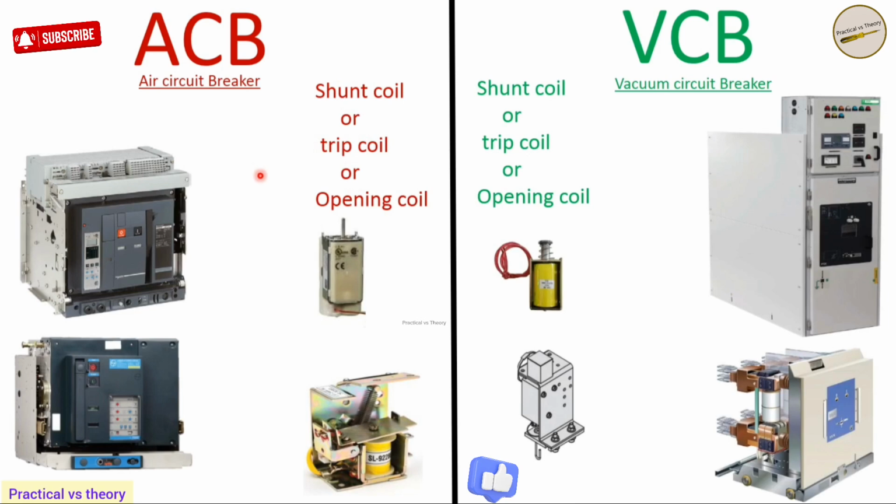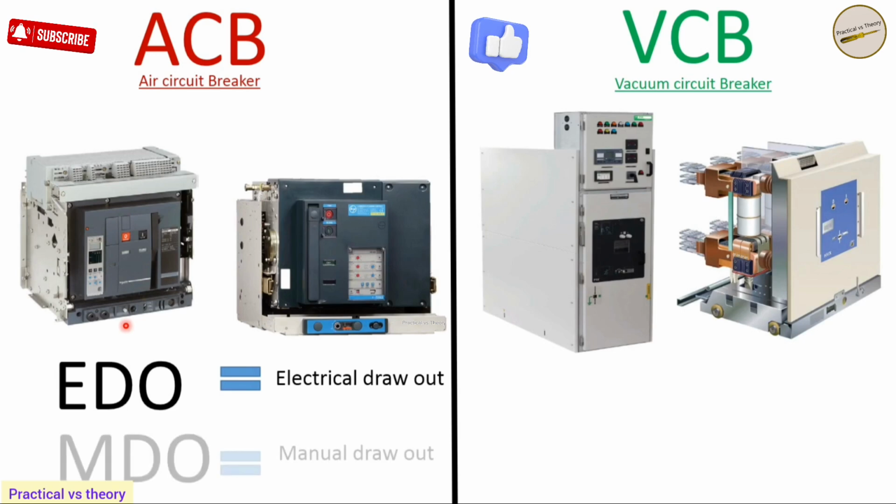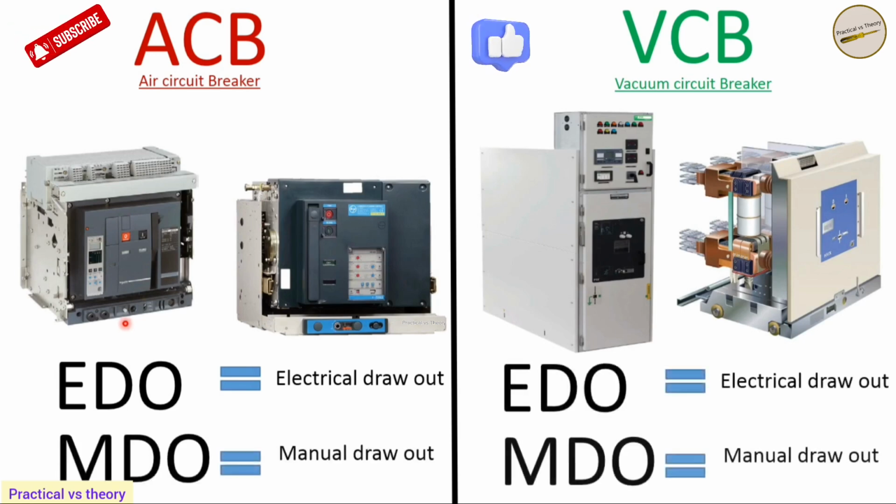So now we're talking about EDO and MDO, right? EDO means electrically, and in MDO, the first letter, M, is manual, right? So, both have EDO and MDO in VCBs, and electrically in ACBs. Now, there's no difference between them. Both have EDO and MDO. Drawout means, for example, I need to perform maintenance on a breaker.